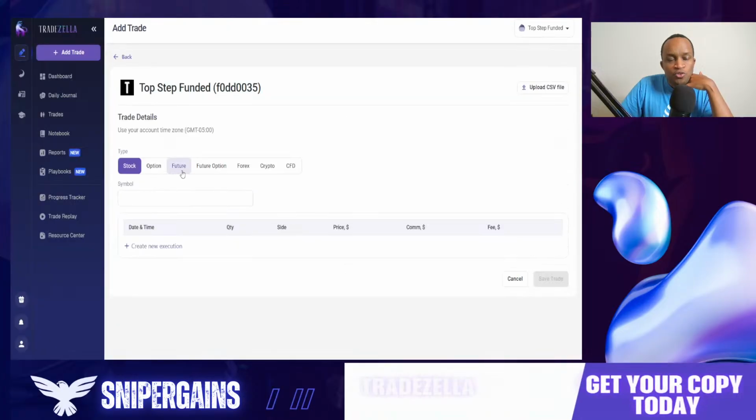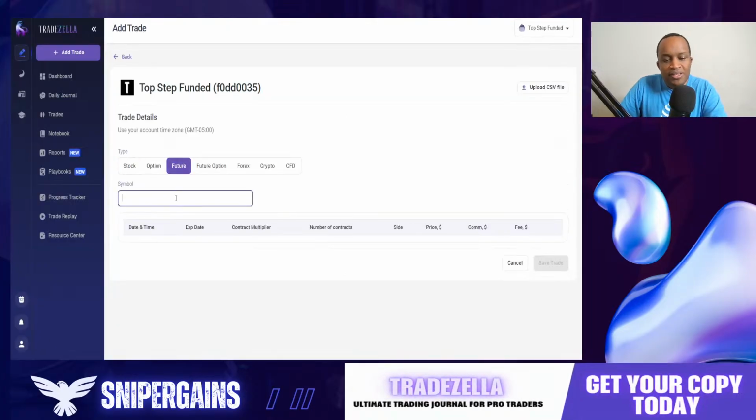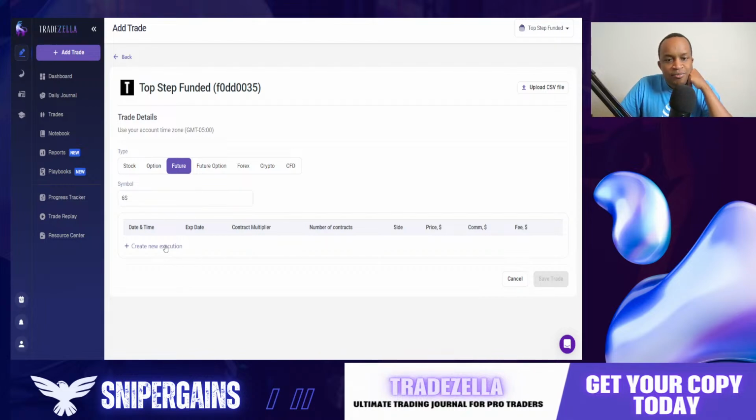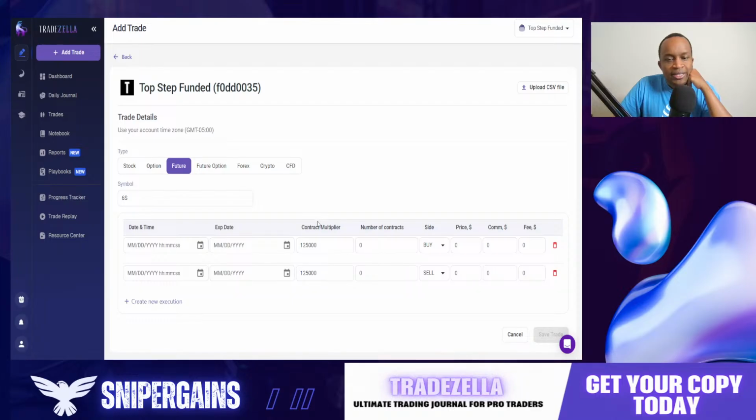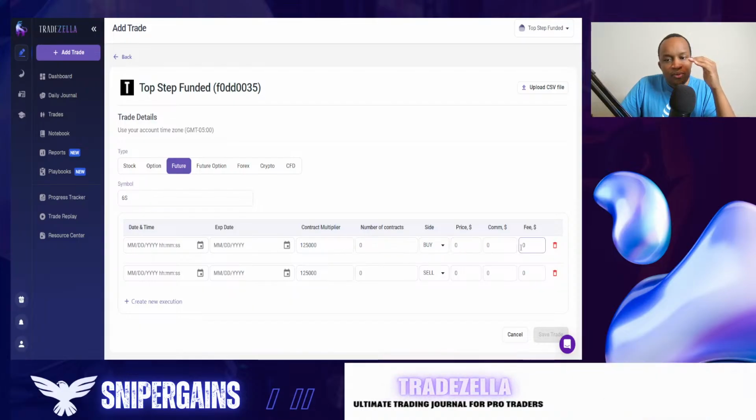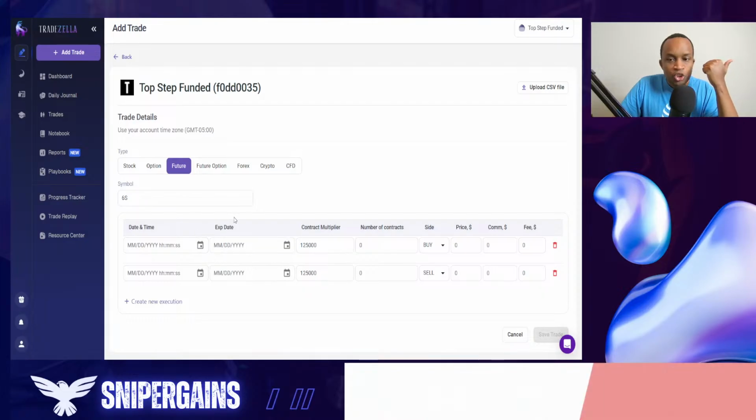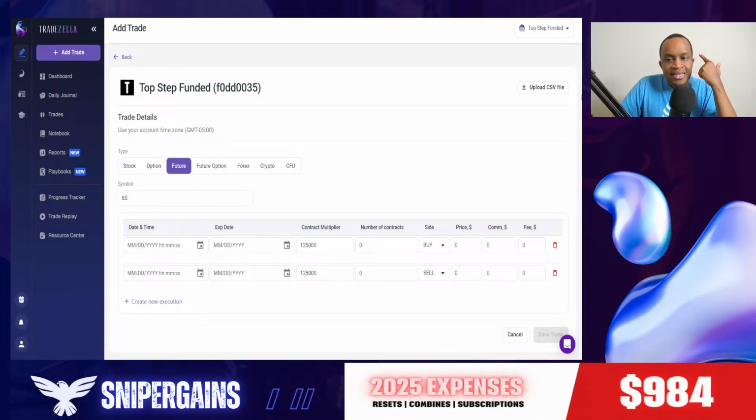We're going to go to futures and we're going to type in 6S. The cool thing about this system is it's able to correctly multiply or use the correct contract multiplier. Now, here we're just going to add the information. Since we went short on 6S, this buy side has to be sell, and then this has to be buy.